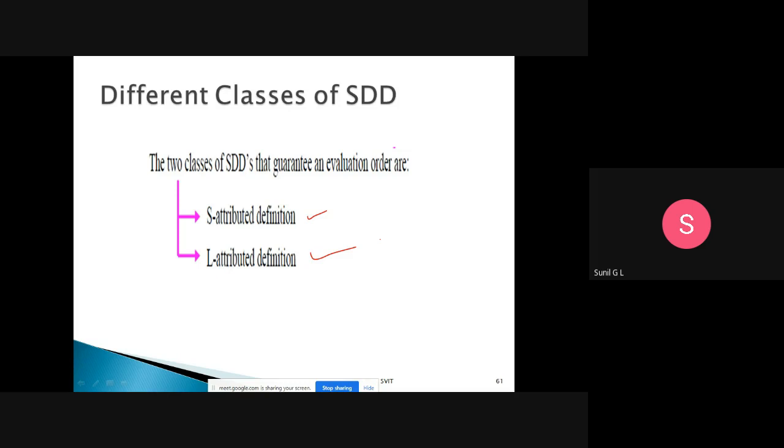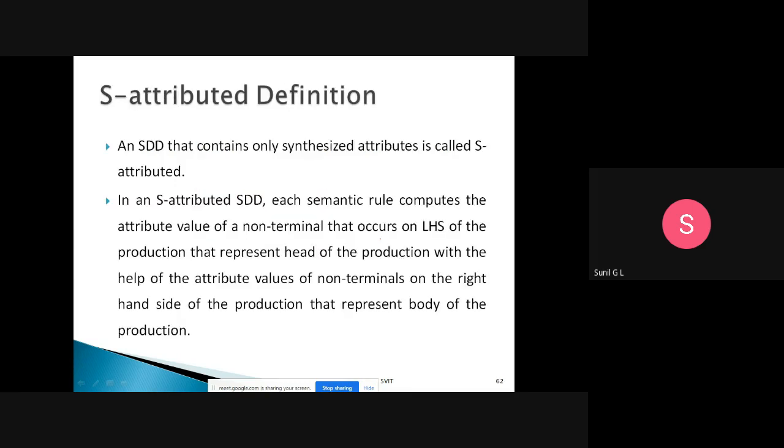Then what do you mean by S attributed definition? An SDD that contains only synthesized attributes is called an S attributed definition.